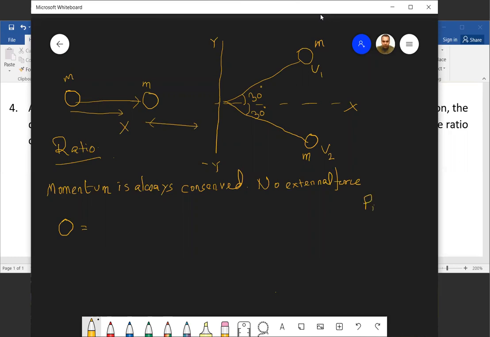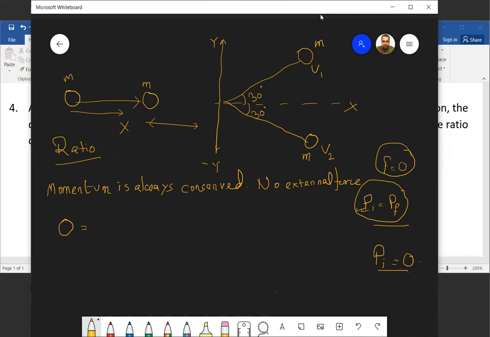Initial momentum is equal to the final momentum because force is absent. Force is 0. So basically, we will use the principle of conservation of momentum. Along the y-axis, initial momentum is 0, because the ball is moving along the x-axis. So here also we will consider the momentum of the balls along the y-axis.